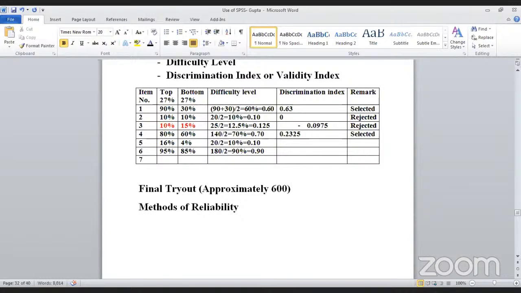And when you are distributing the test booklet, remind them that please do not put any mark on any page and any number. And any rough work you want to do, do it at the back of the answer sheet, not on the test booklet, because you can tell them that these test booklets will be used again.